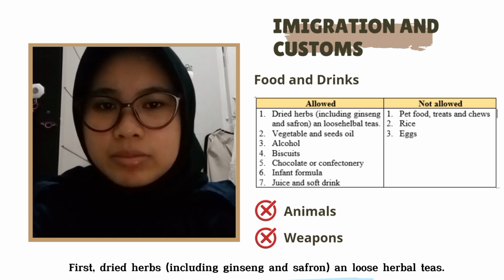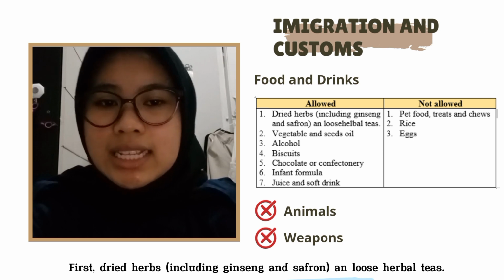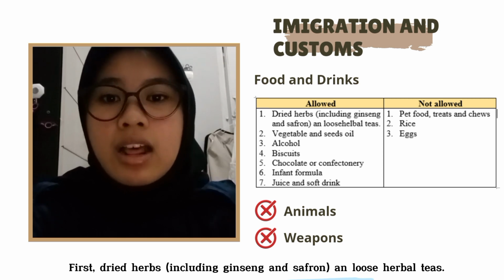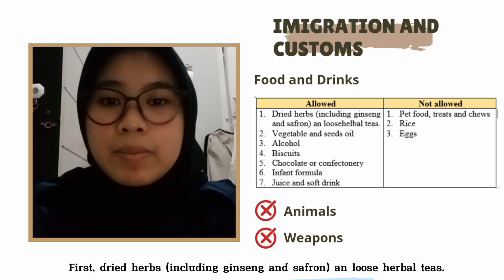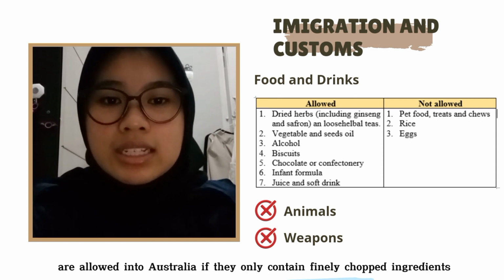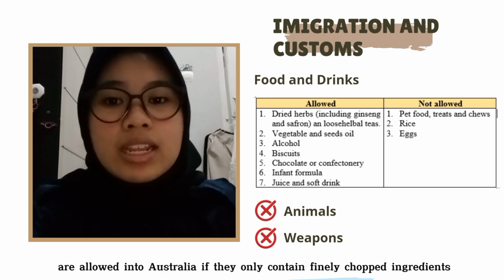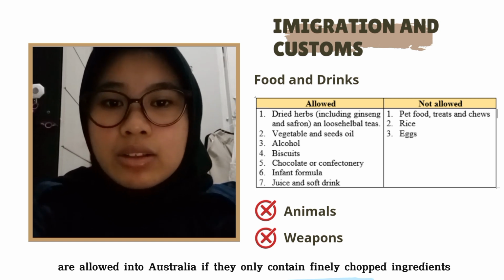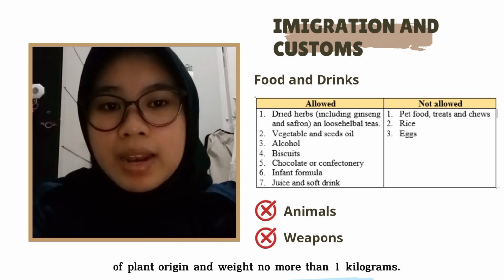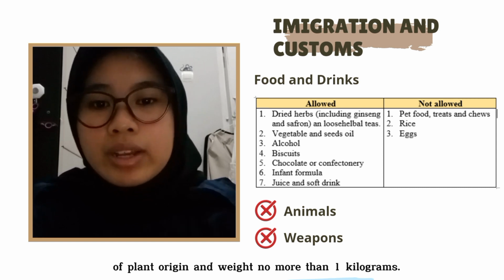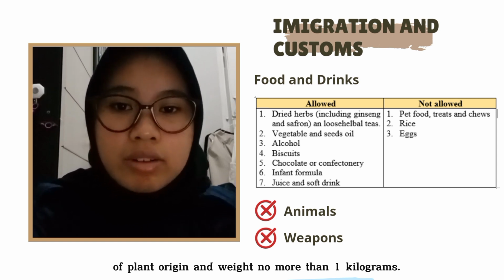first, dried herbs, including ginseng and saffron, and loose herbal. These are allowed into Australia if they only contain finely cooked ingredients of plant origin and weigh no more than 1 kilogram.